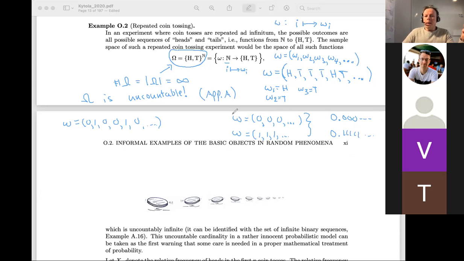So every sequence corresponds to one real number between 0 and 1. How many real numbers do we have between 0 and 1? This set is uncountably infinite. So although this space omega feels and looks countable, it smells countable, it is not countable. It's uncountably infinite.